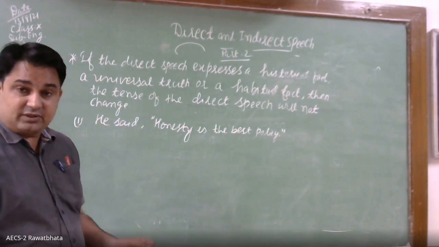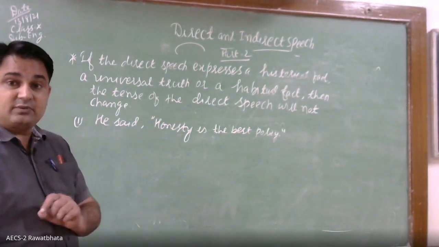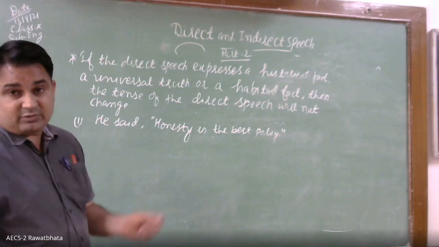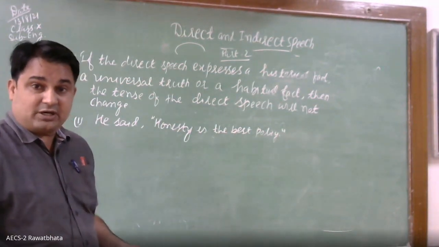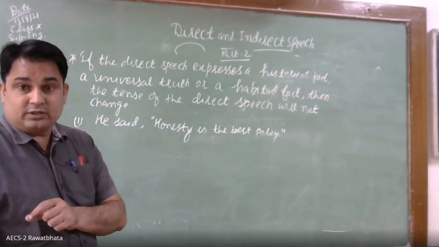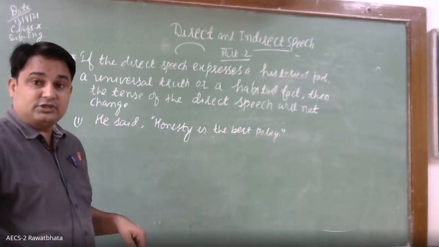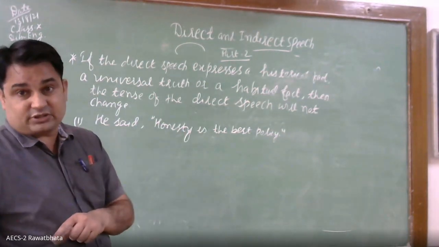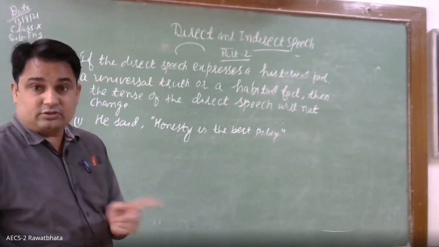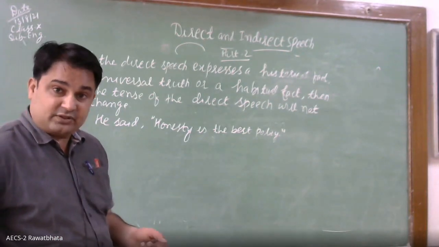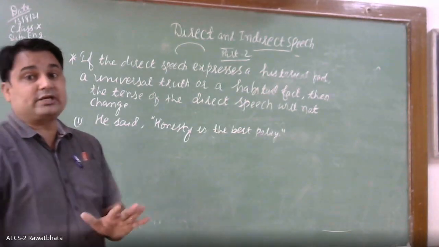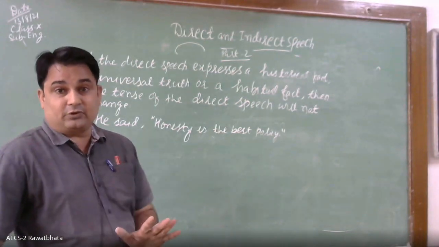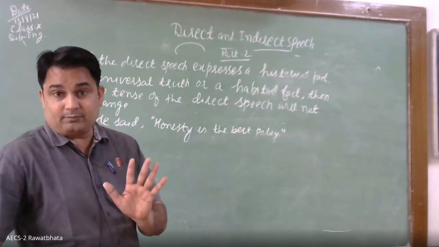Present perfect changes into past perfect. Present perfect continuous, past perfect continuous. Simple past will change into past perfect. Past continuous, past perfect continuous. Past perfect, no change. Past perfect continuous, no change. We have discussed that these changes will be made when the reporting verb is in the past.